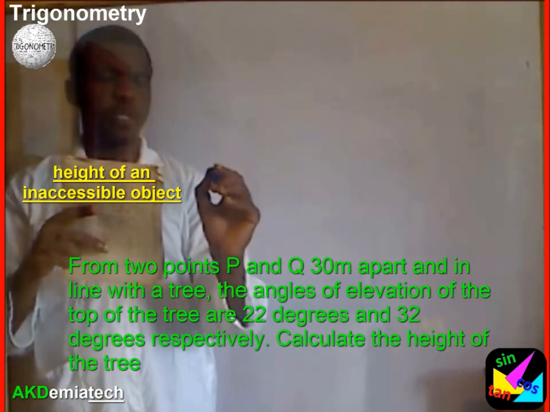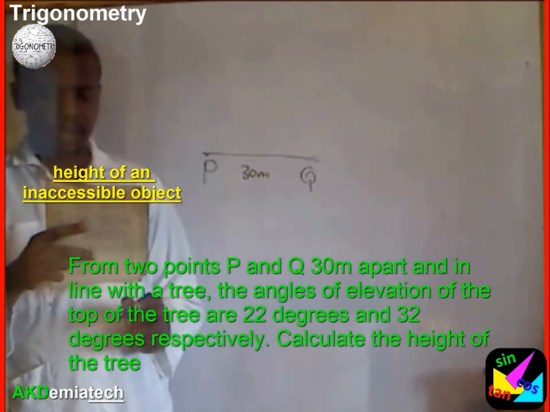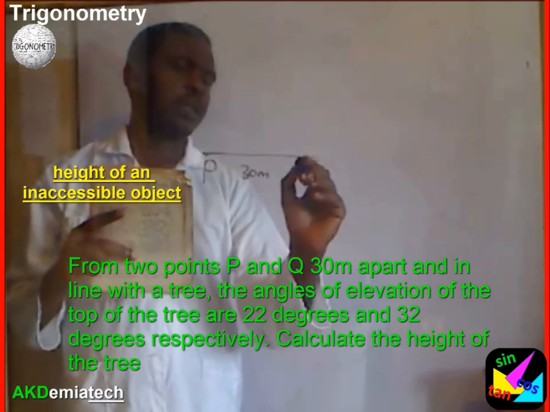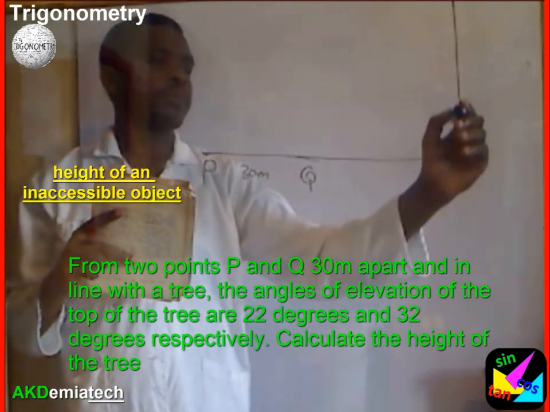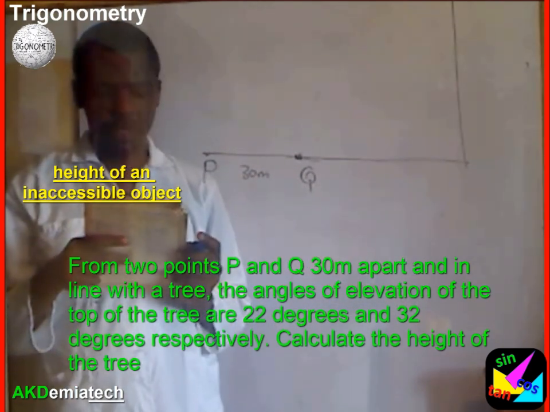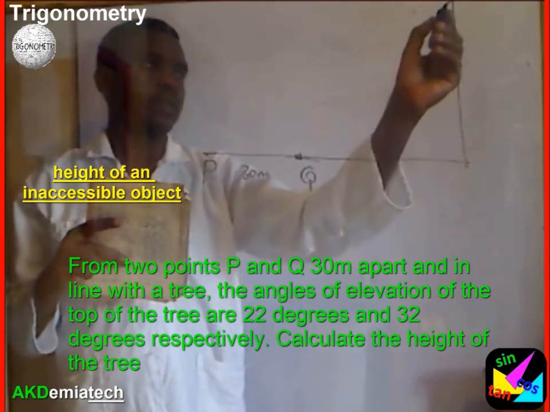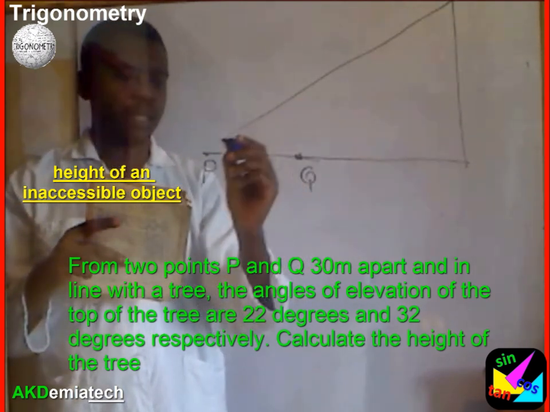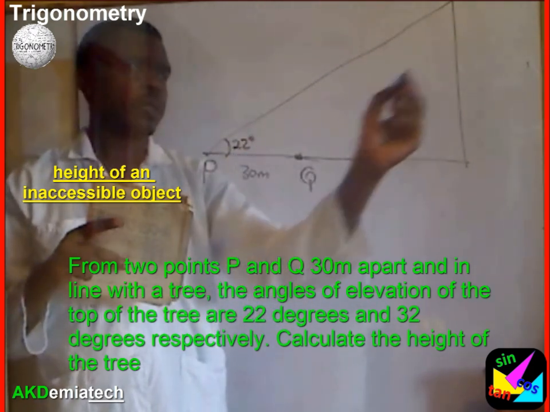I have the two points there, P and Q, 30 meters apart. This is our tree here. Angles of elevation 22 and 32 degrees respectively. So just sketching, this is 22 degrees.